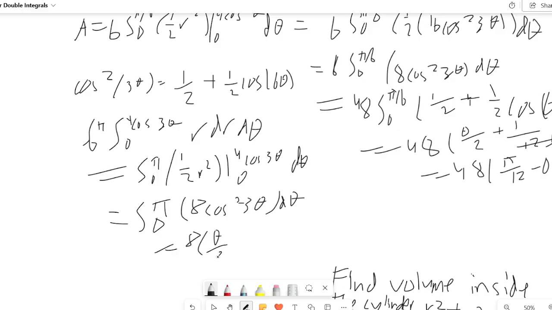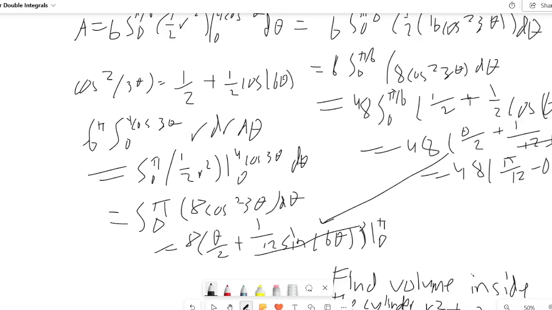And let's just reuse the integral result that we already found in the previous iteration of the exercise. And here, sine of 6 pi and sine of 0 are also both 0. And we get 8 times pi over 2, which is the same result that we got before.